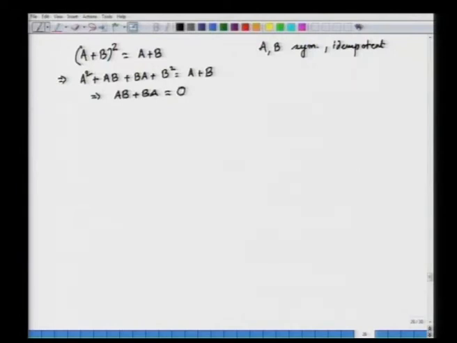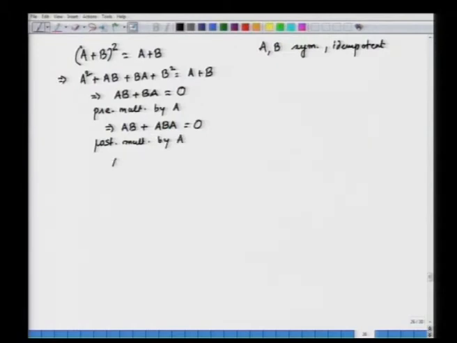This is just one way of proving it. What I do is pre-multiply by A, and this gives me A square B, which is again AB because A is idempotent, plus ABA, and this sum is null. At the next step, I post-multiply by A again.